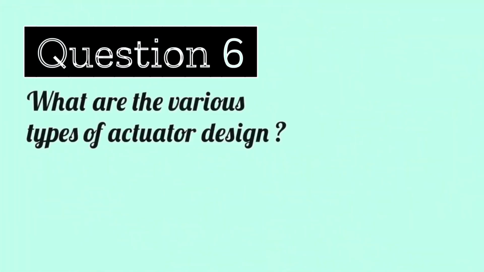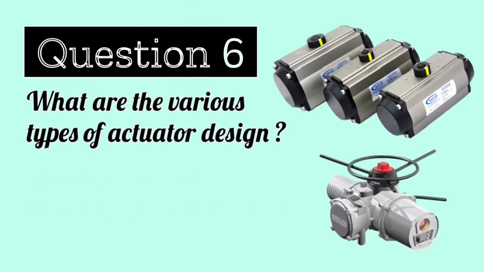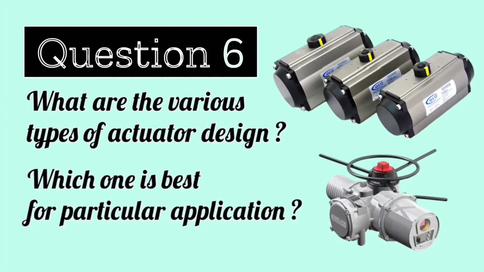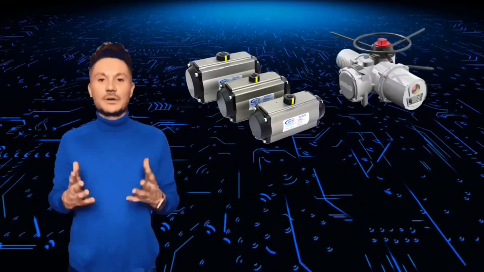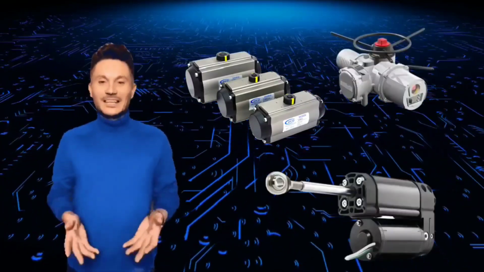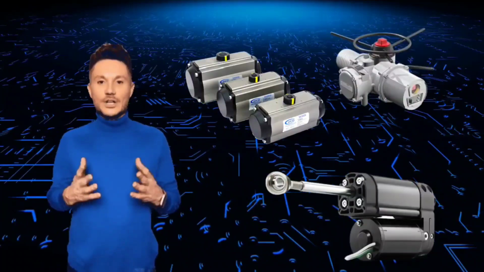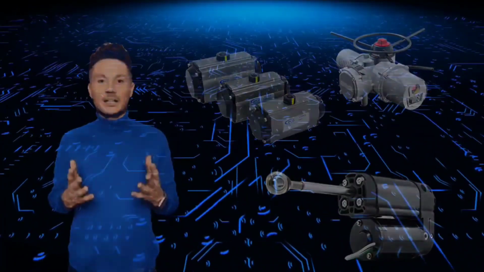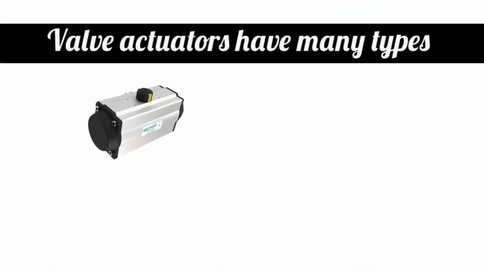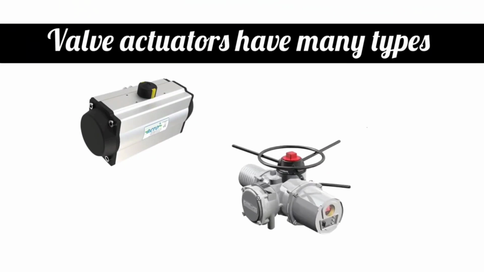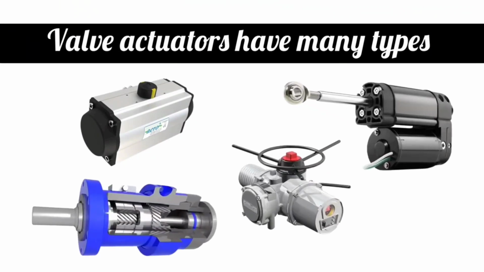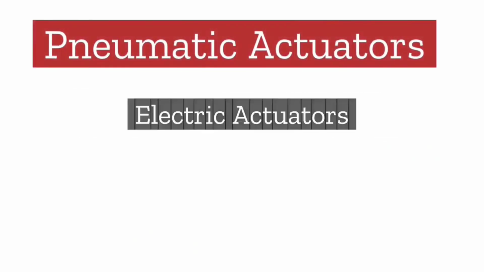Let's discuss the next question. What are the various types of actuator design? Which one is best for a particular application? Here you have to tell the types of actuators and which actuator is used for a particular application. Although there are many types of actuators, we are going to discuss two main types here: pneumatic and electric.